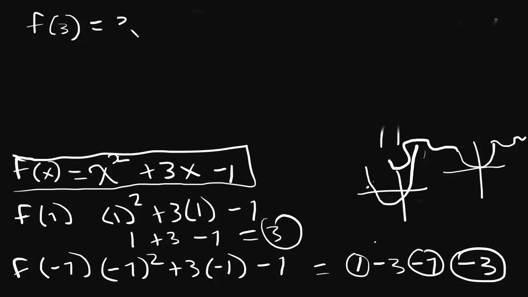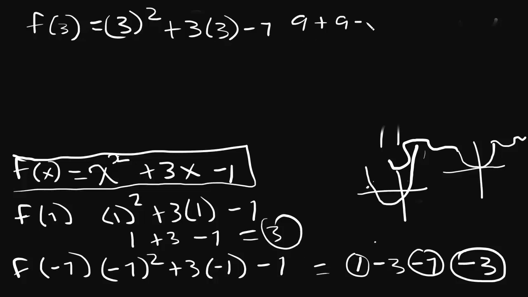So that would be 3 squared plus 3 times 3 minus 1. 3 squared would be 9, and 3 times 3 would be plus 9, plus minus 1 would be minus 1. So 9 plus 9 is 18, minus 1 would be 17.